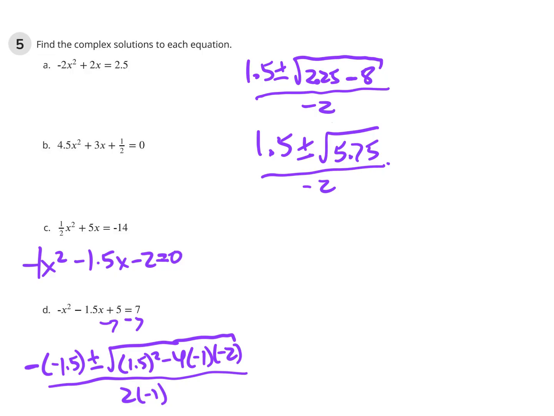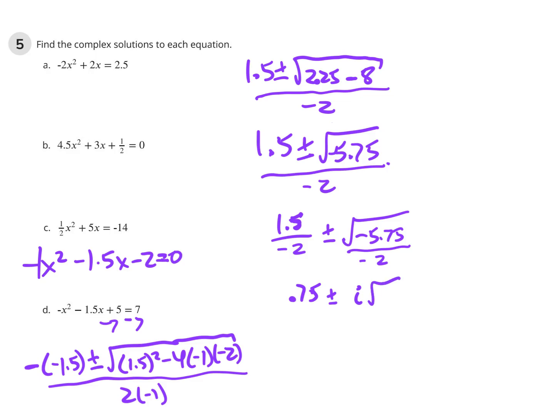And this one is a mess because you get 1.5 over negative 2 plus or minus the square root of negative 5.75 over negative 2. 1.5 divided by 2 is 0.75, or 3/4. 0.75 plus or minus i root 5.75 over 2.